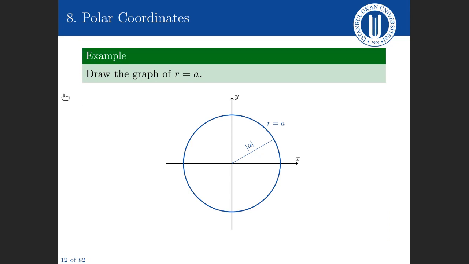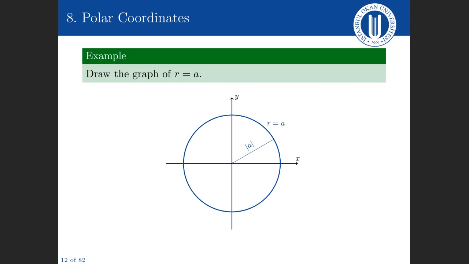We can also draw some graphs in polar coordinates. For example, draw the graph r is equal to a. Remember, r is the distance from the origin. If this distance is always the same, what does it look like if the distance from a point is always the same? It looks like a circle.